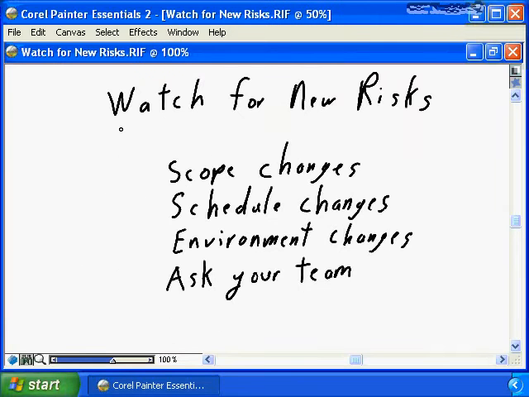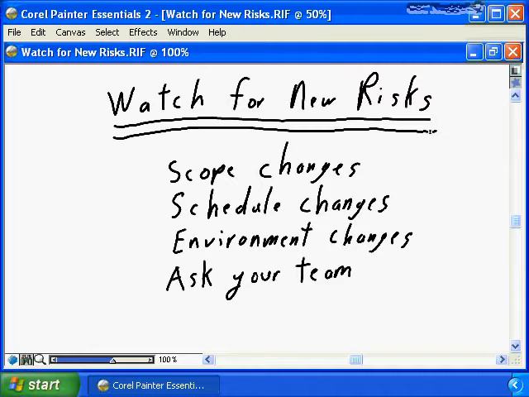As important as it is to monitor the known risks, it's equally important during project delivery to watch for new risks. The original risk plan that you created during project planning was as complete and comprehensive as possible. But because it was created during project planning, there were a significant number of project facts that you simply did not have at hand. Now that the project is unfolding, you're going to have a lot more information about the project scenarios.